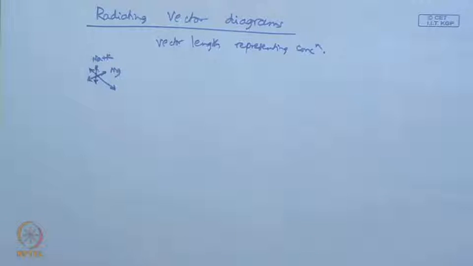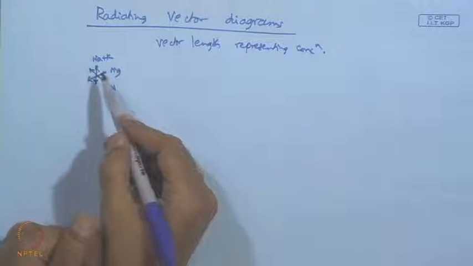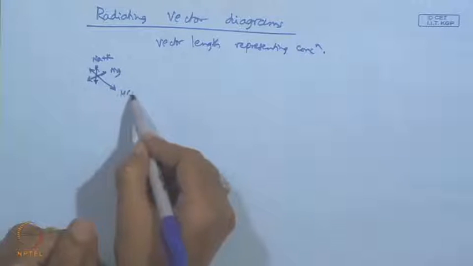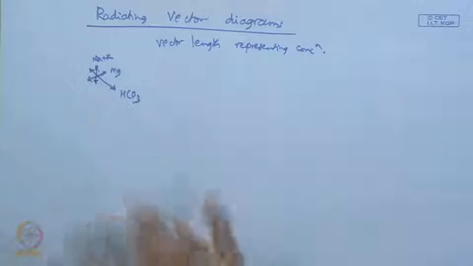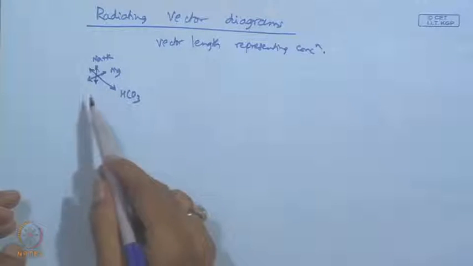So, in this case there are Na, Mg, Na plus K, Mg, then HCO3. Okay. So, we will continue this in the next class. Thank you.